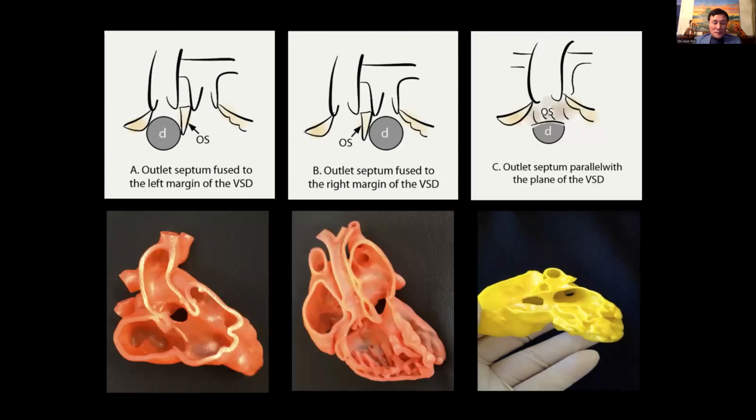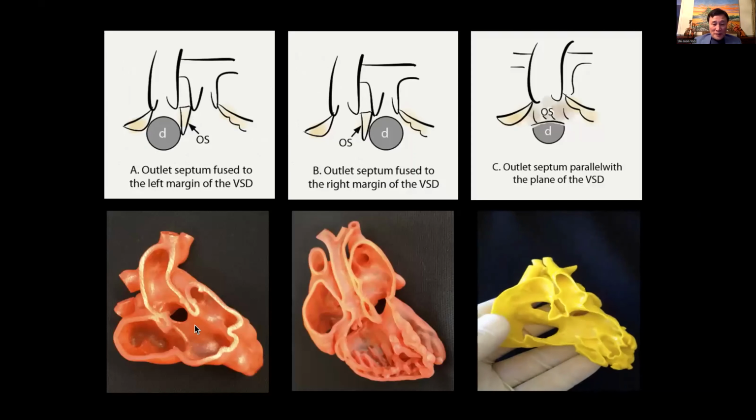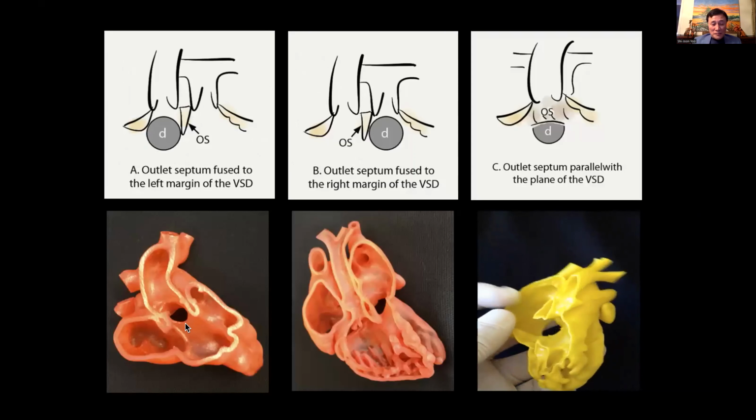So this is the example. This is the typical double outlet right ventricle, aorta, pulmonary trunk, and the VSD is here. The outlet septum is at the left margin of the VSD, making this VSD below the aortic valve, not committed to the pulmonary valve at all. And in this case, the double outlet right ventricle, the aortic valve is here, the pulmonary valve is here.